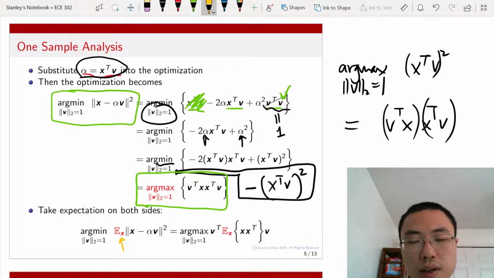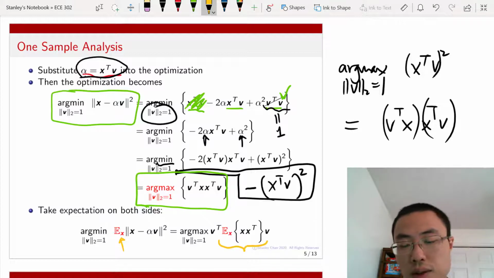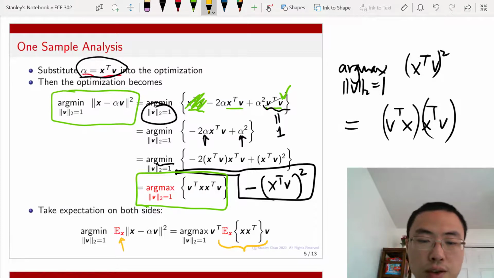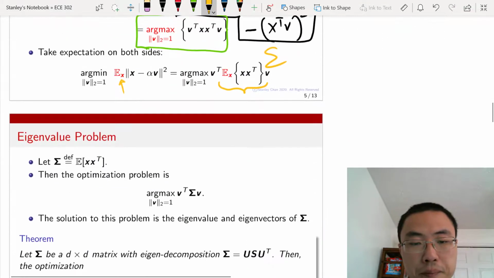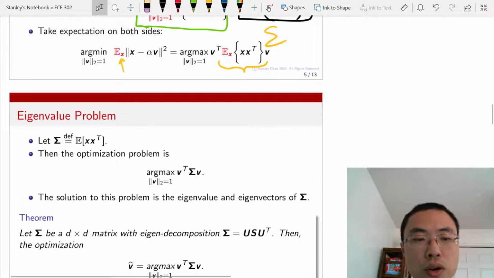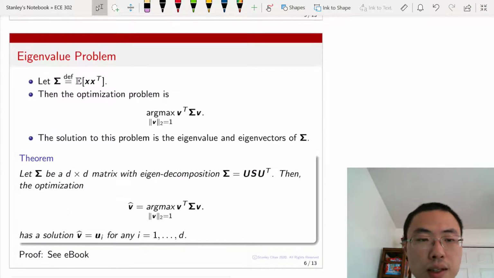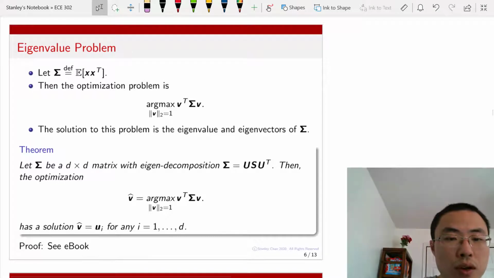Then we know that expectation can go inside, and let's see what this is. If you assume that the x vector is zero mean, then this is really a covariance matrix, sigma. Therefore, you will end up having the following.